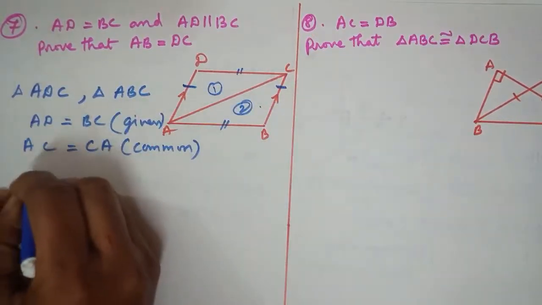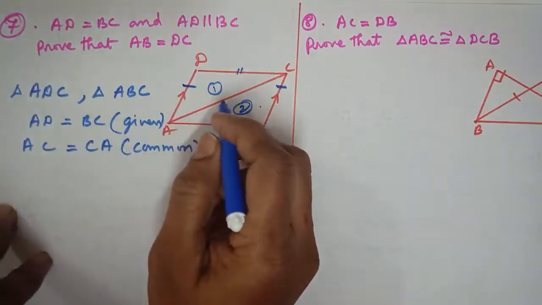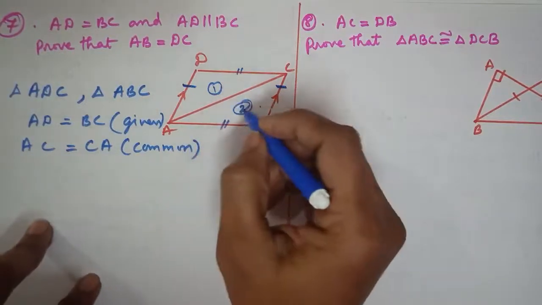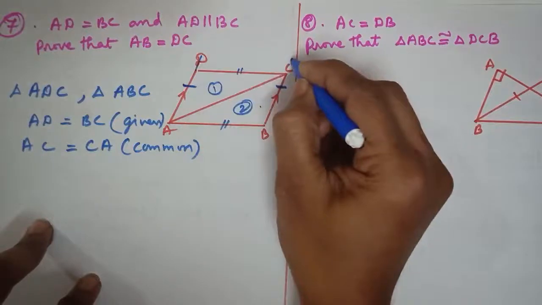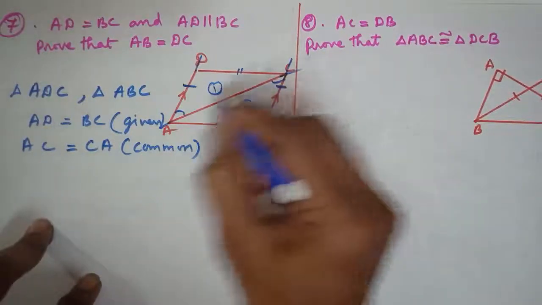Then, students, listen, what is the next clue? Here AD and BC, these two lines are parallel. So this is the transversal, then this angle will be equal to this angle, alternate interior angles are equal.